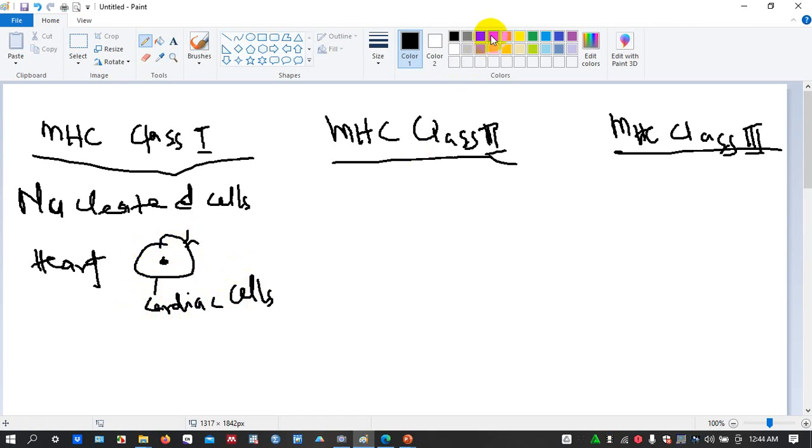Let me draw it with the red. MHC class 1 molecules on their surfaces.